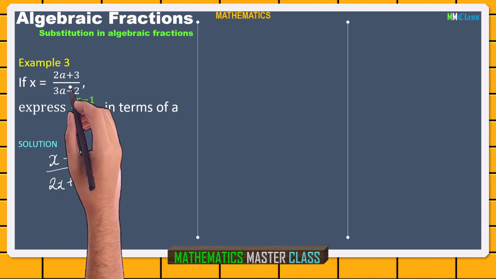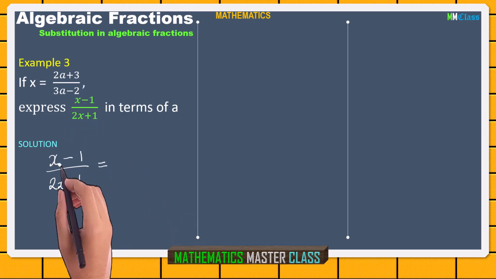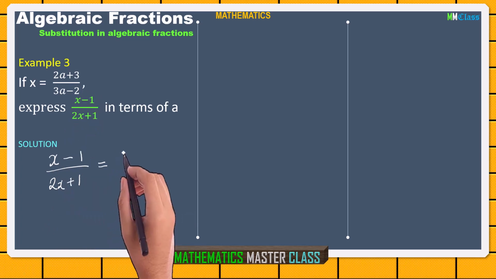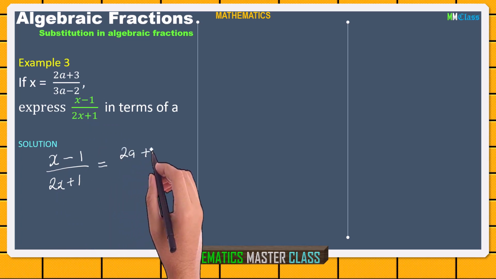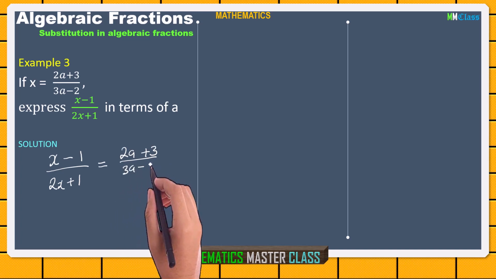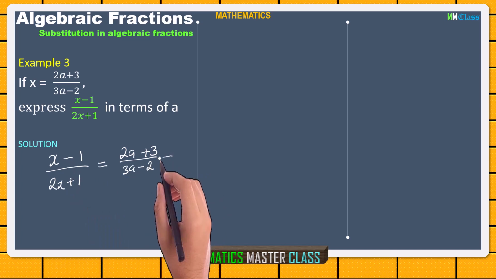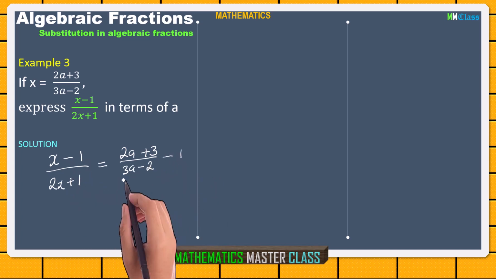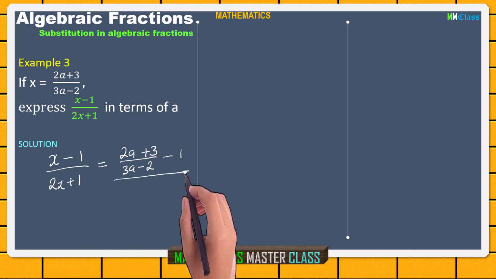Wherever we see x, we put this value into it. So we replace x with (2a plus 3) all over (3a minus 2). This minus sign will come, then 1. This is our numerator.